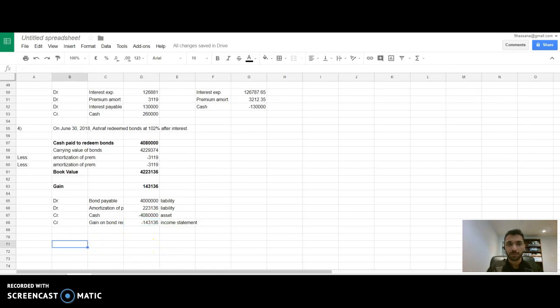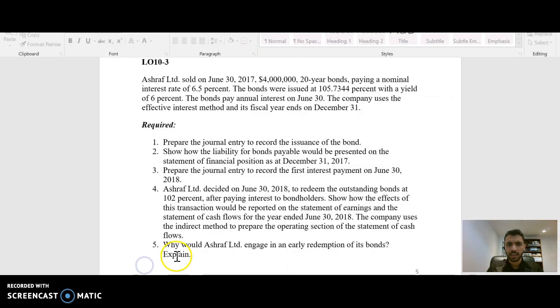Now part 5 of this question asks: why would Ashraf engage in an early redemption of his bonds? Generally there could be a number of factors. The easiest one is if there's a change in the interest rates in the market. So let's say the market interest rate declines significantly. When you issued your bond up front, the market interest rate was at 6%.